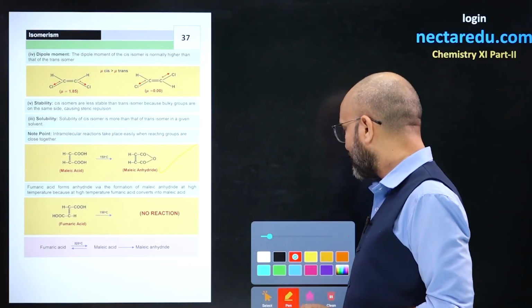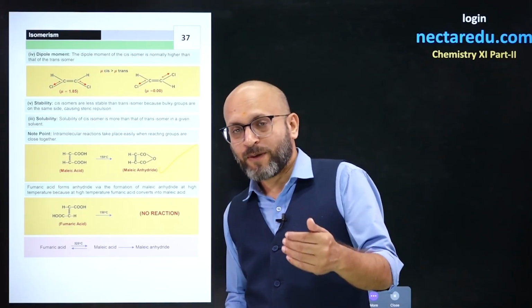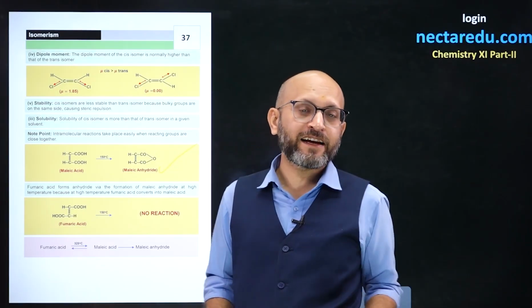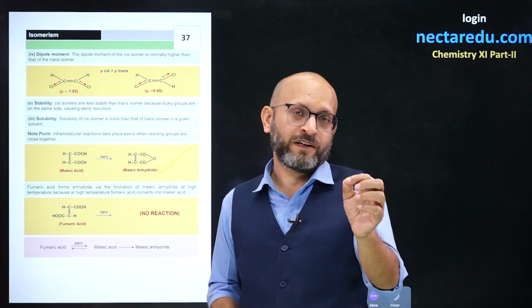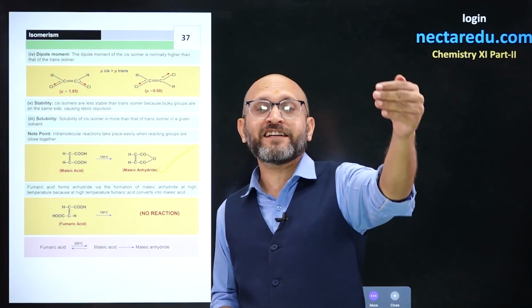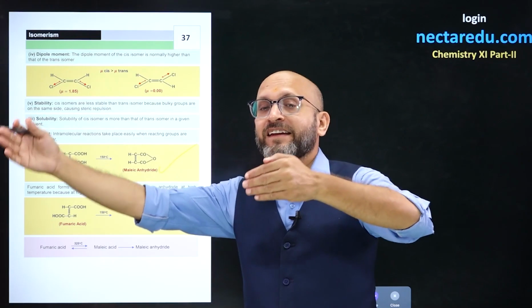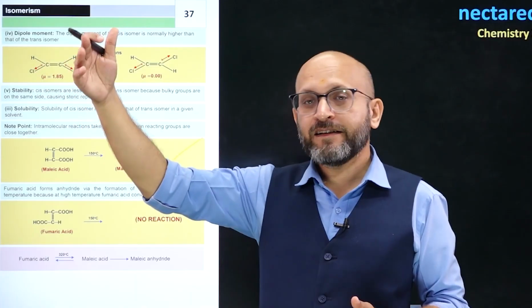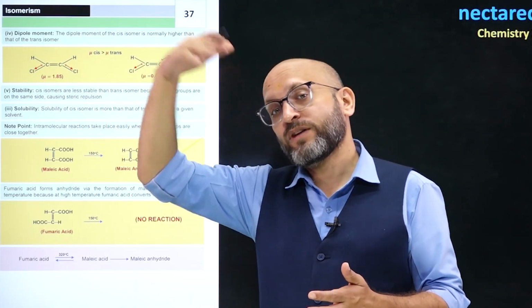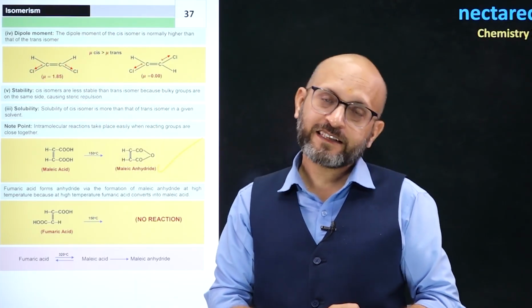Now if we see fumaric acid, can we get the anhydride for that? The answer is no. First fumaric acid is heated, which converts fumaric to maleic acid, and maleic acid needs more heating to get converted into its anhydride.